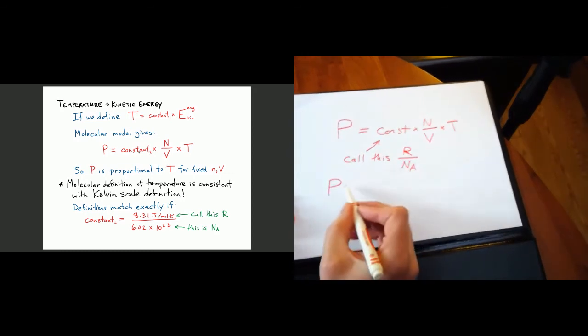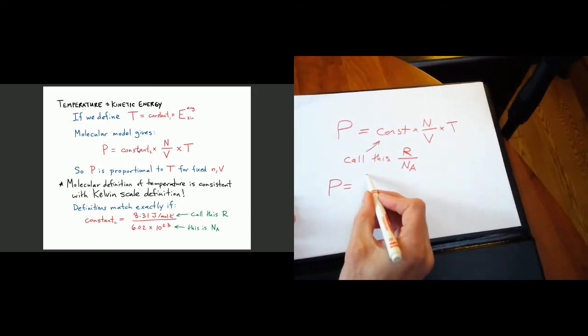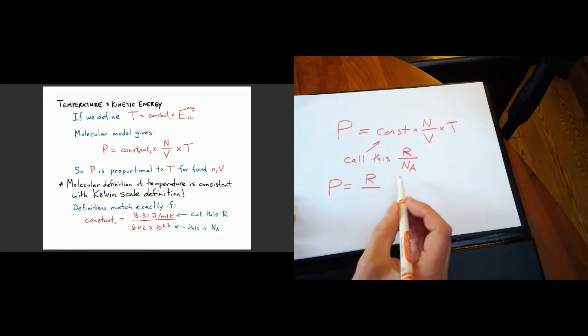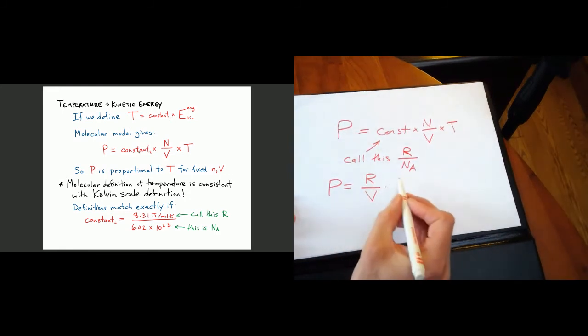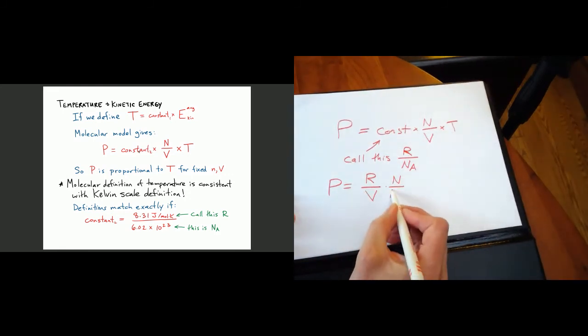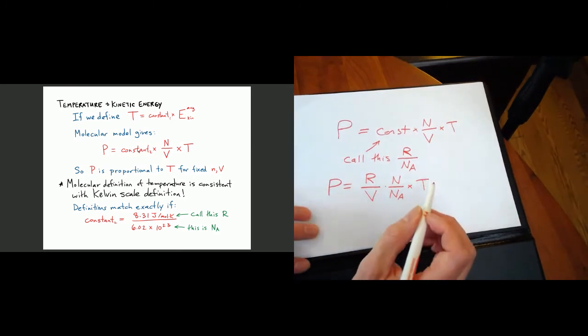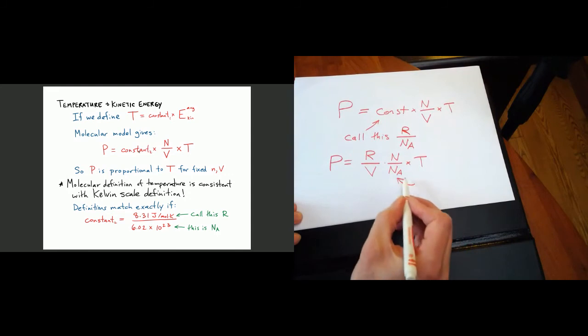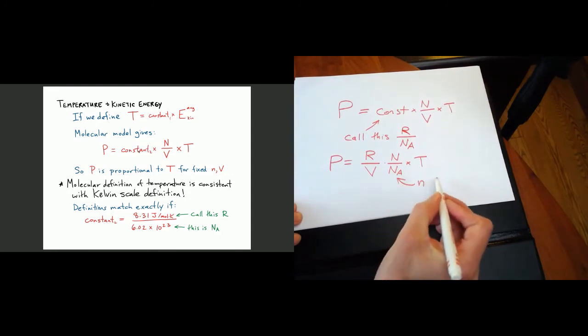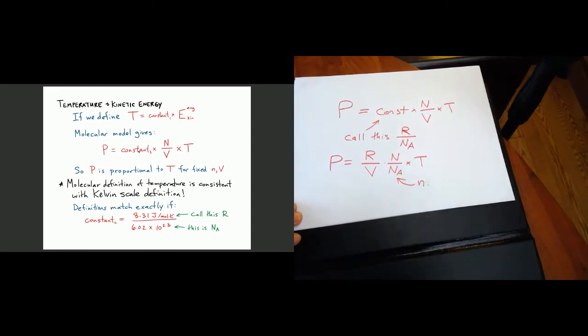If I rewrite that formula, then what I have is P is equal to R divided by V, and then N divided by Avogadro's number, and then T. And we recognize this thing as n, which is the number of moles.